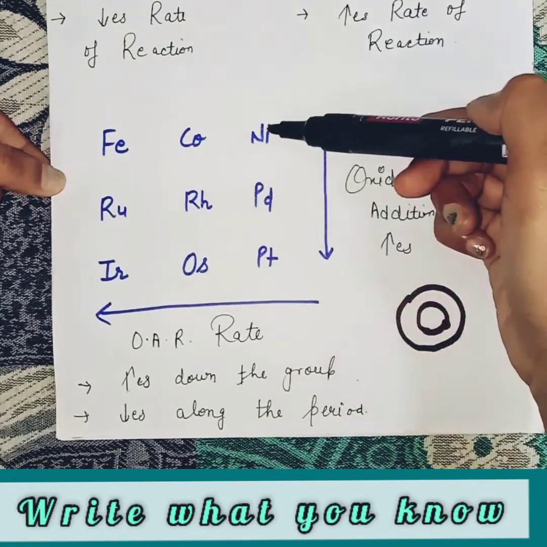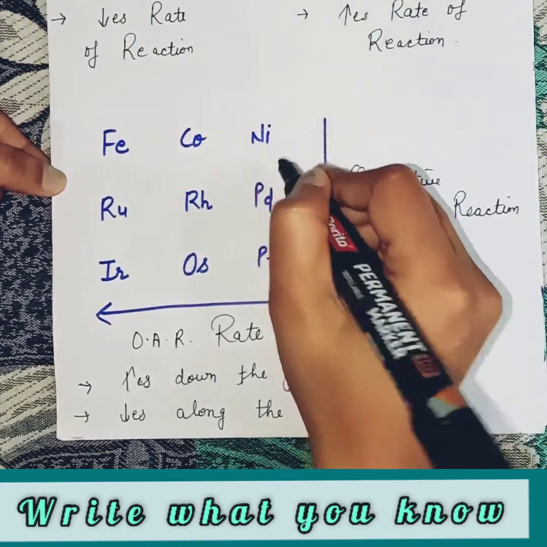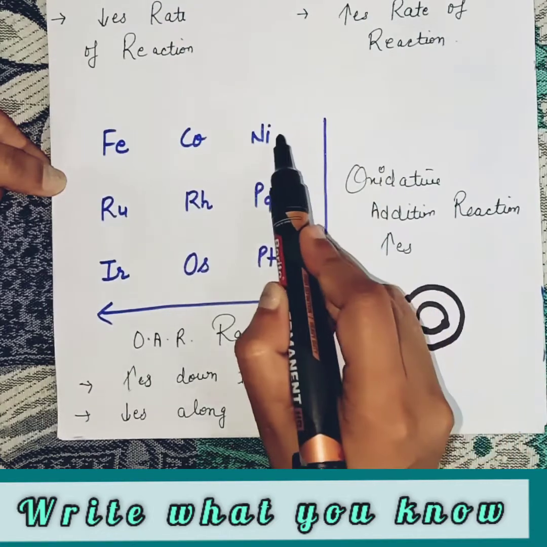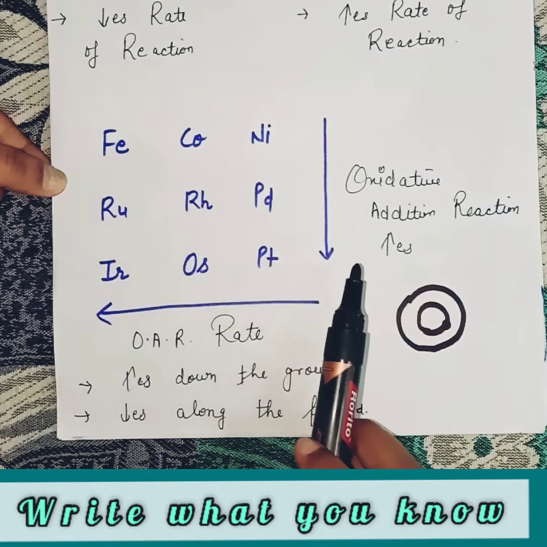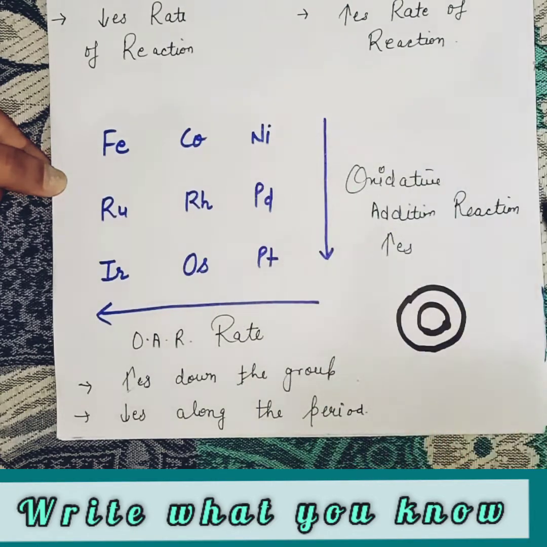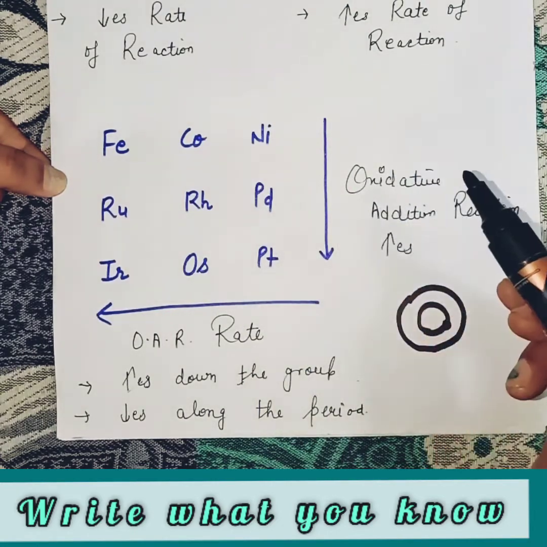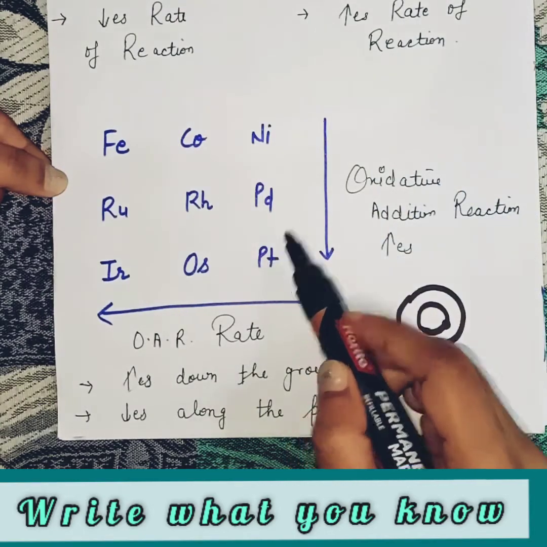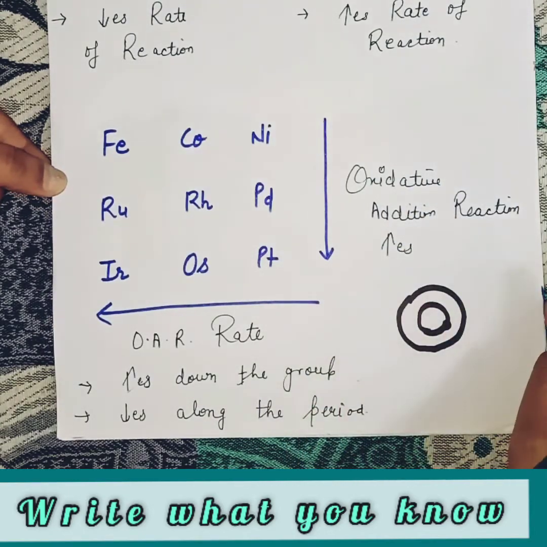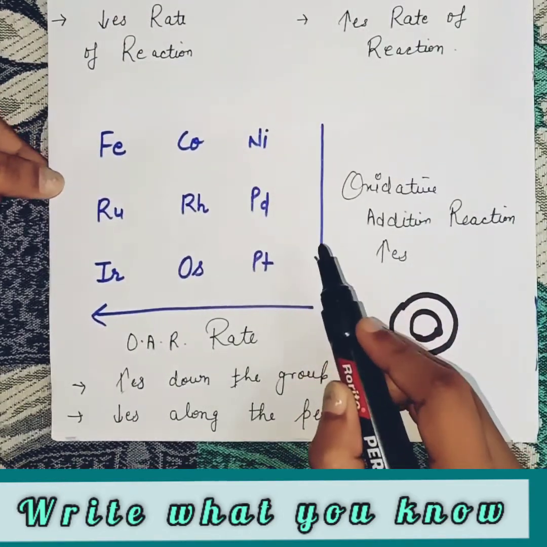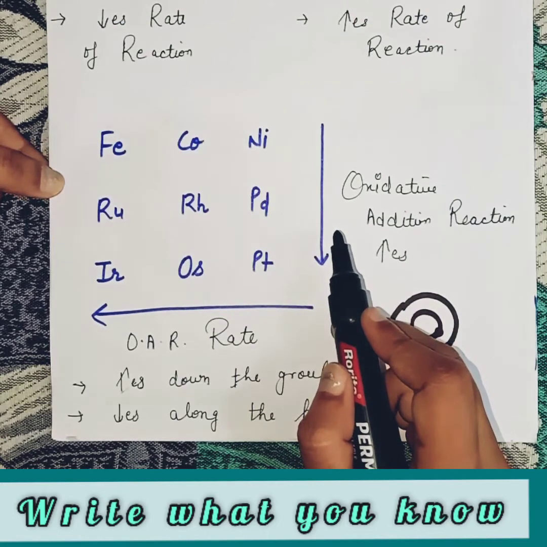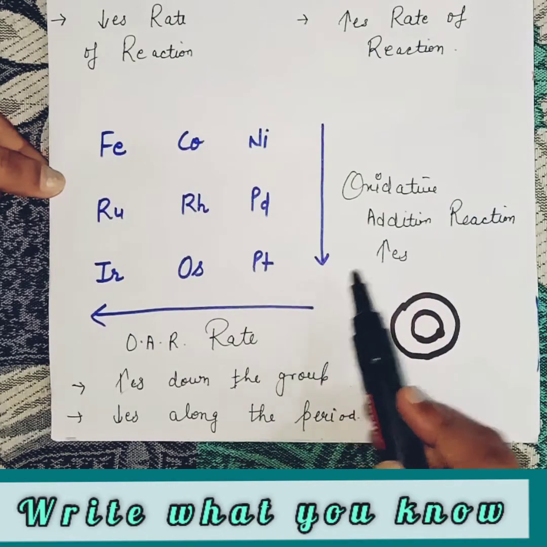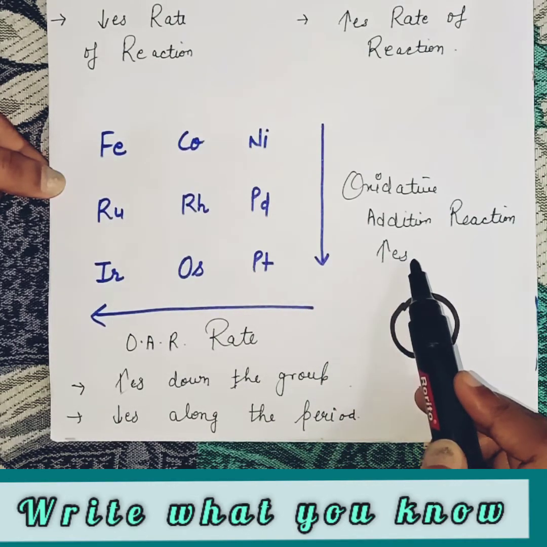As we jump from one period to another, the number of shells increases. If one has n shells, the next has n plus 1, then n plus 2 shells. As shells increase, the electrons of this metal atom go farther from the nucleus. As they go farther from the nucleus, donation of electron density becomes easy due to the large size of the metal atom. As donation is easy, the rate of reaction becomes faster.